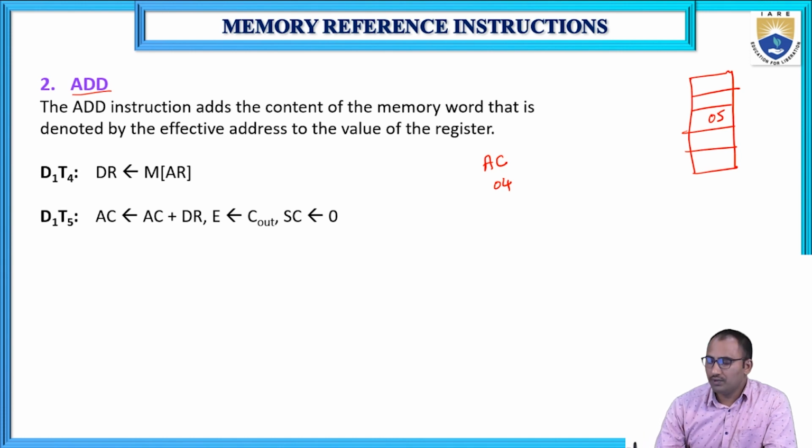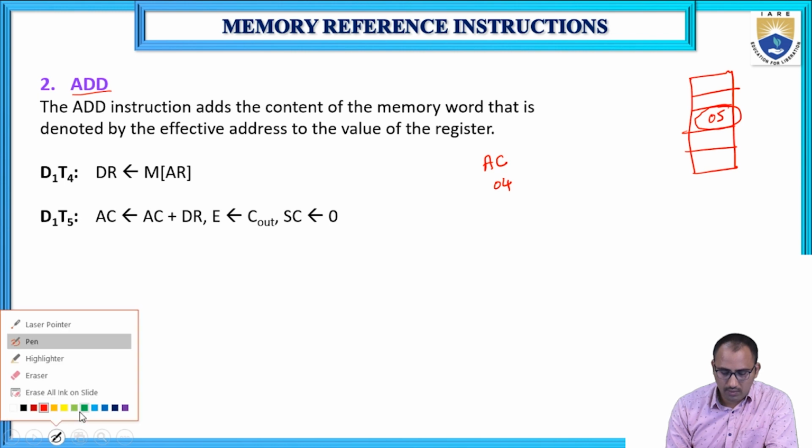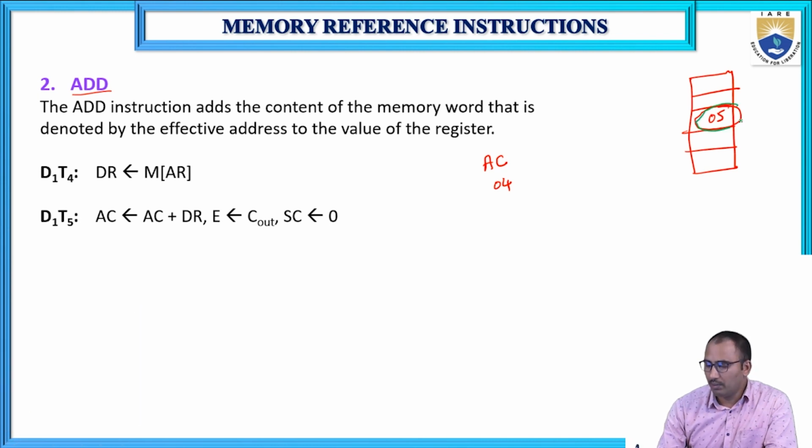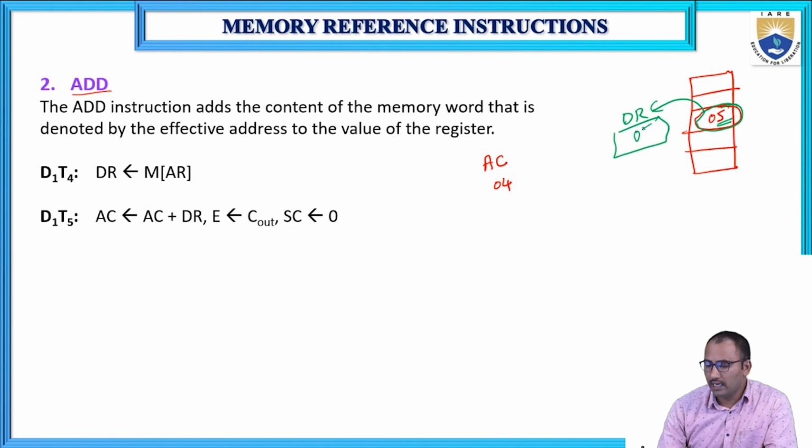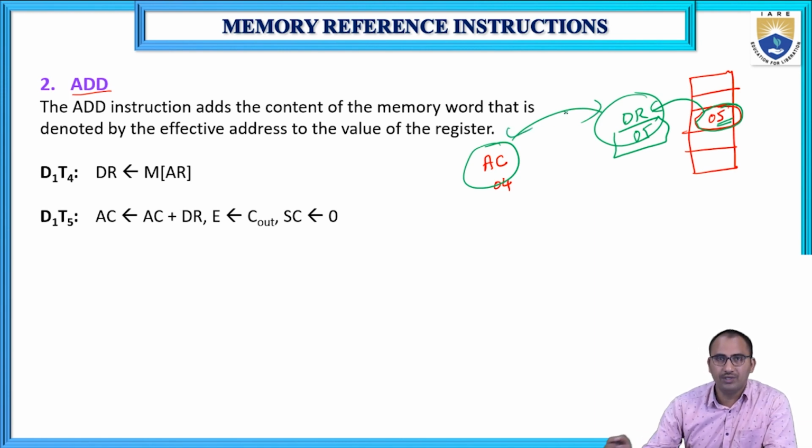So whatever data is present in the memory, we first copy to the data register. The value present in the memory location is 05, so that 05 we load into the data register. After that, we perform the add operation between the accumulator and the data register.